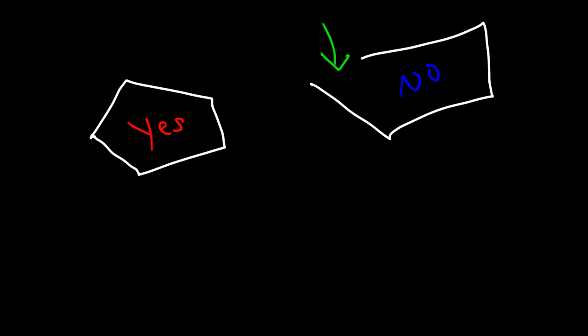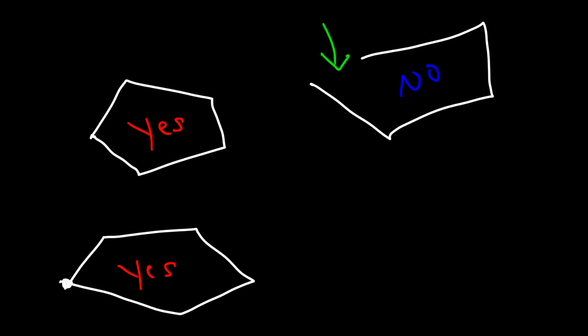It's not an open figure. So now what about this one? Is that a polygon? The answer is yes. It's a closed figure, it's two-dimensional, and it consists of segments.